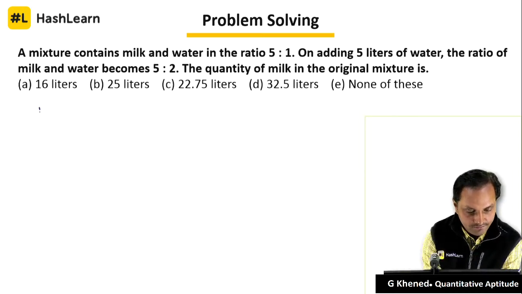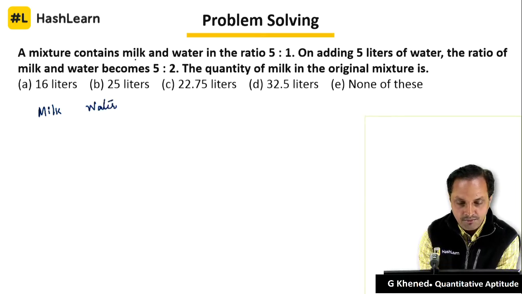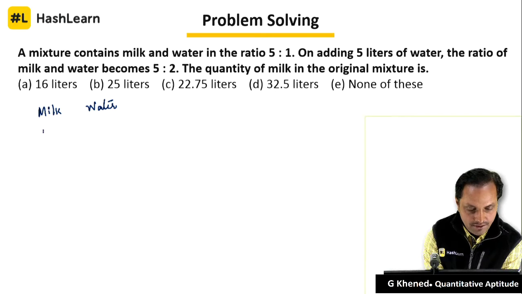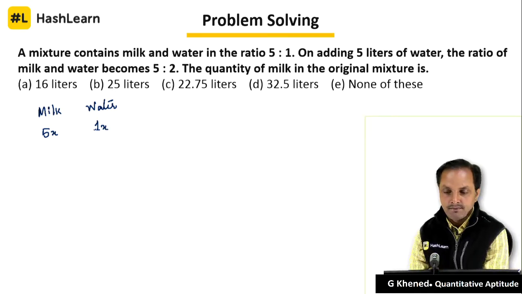What is the milk and water? The mixture of milk and water is in the ratio 5:1, which means I will take the milk as 5x and this as 1x.